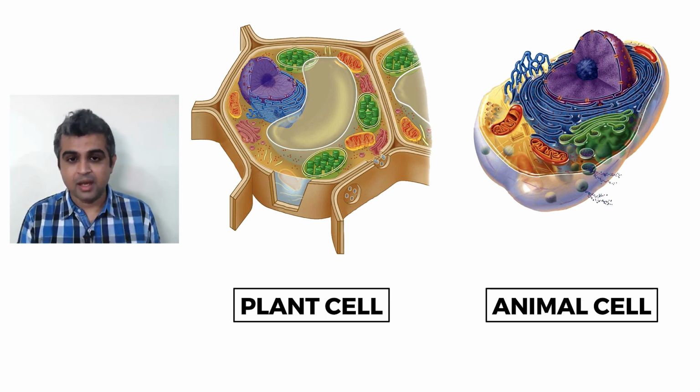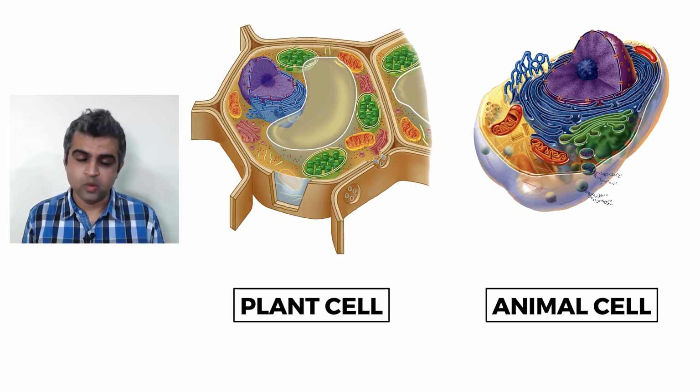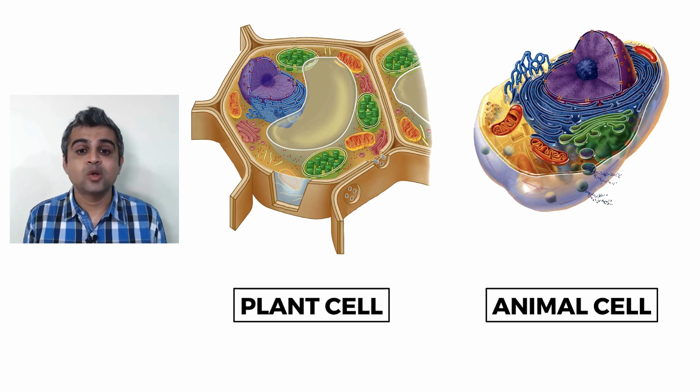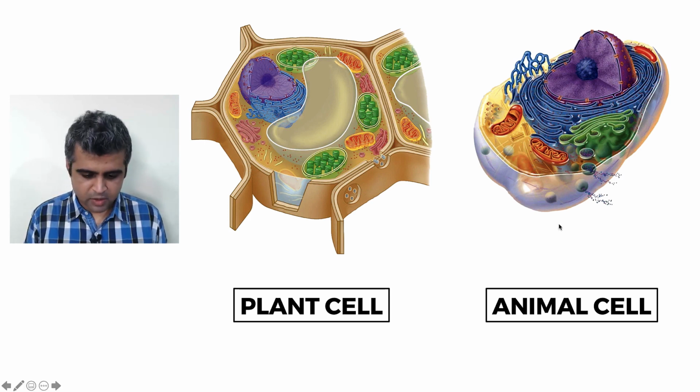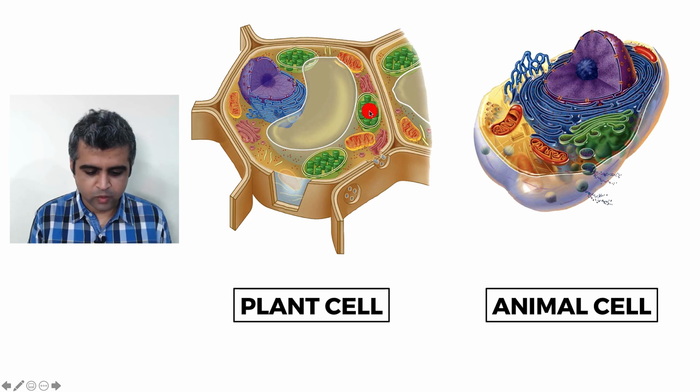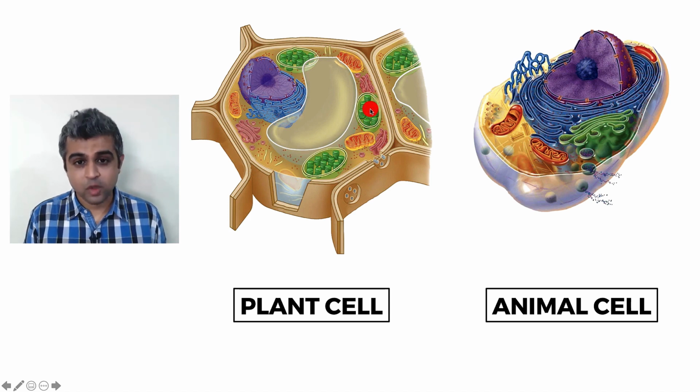Plant cells are autotrophic. They can prepare their own food. Animal cells are heterotrophic. Plant cells are autotrophic because they have chloroplast, so they can produce their own food, whereas animal cells do not have plastids.